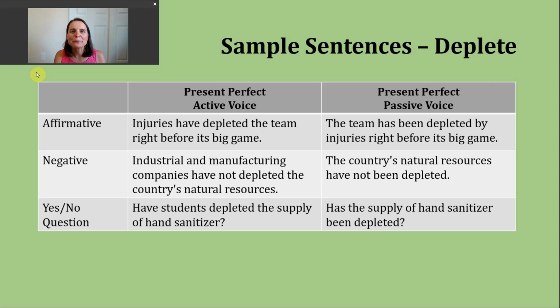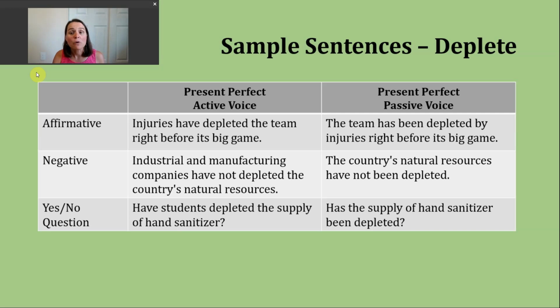You might hear some people use the contraction forms, haven't or hasn't. And again, that would be followed by depleted in this case. You can see this in our example sentence. Industrial and manufacturing companies have not depleted the country's natural resources. So this idea of they have not used all of them up.